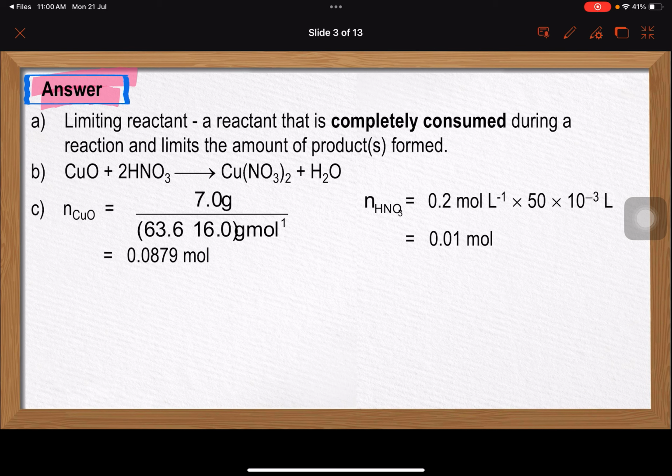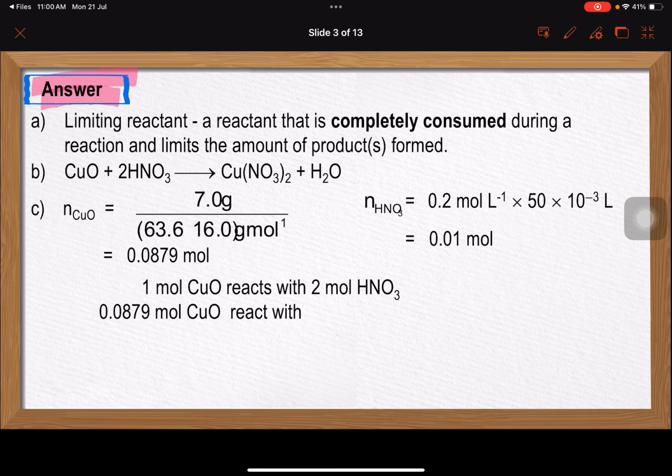So some of these moles will become product and some will remain as the excess reactant. For example, I choose copper oxide first. Copper oxide reacts with 2 mole HNO3 from the equation. This is from the equation: 1 mole of copper oxide and 2 mole HNO3.